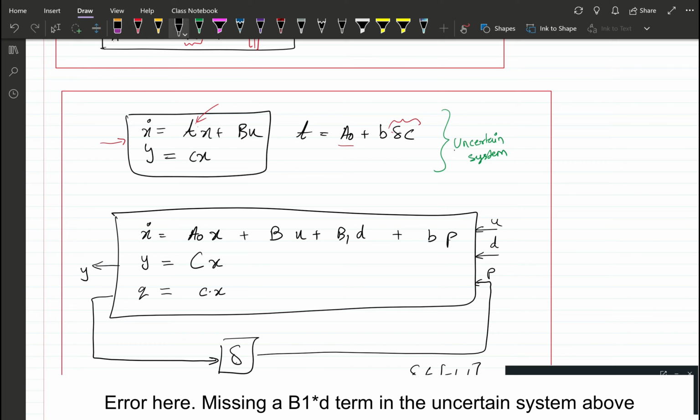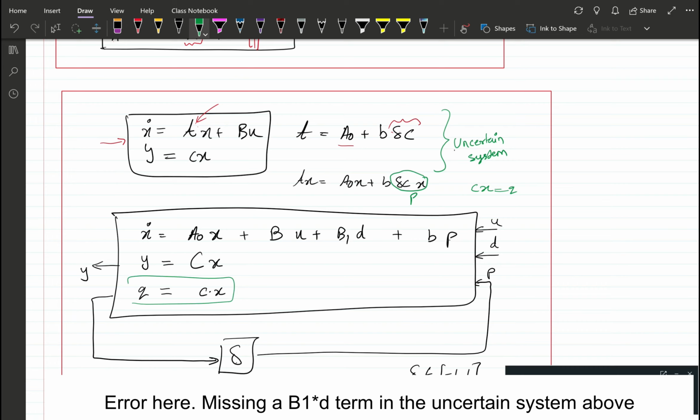We have Ax equal to A0x plus P delta Cx, and now if we call P delta Cx as P and Cx as Q, we can have a feedback loop going through this delta channel.